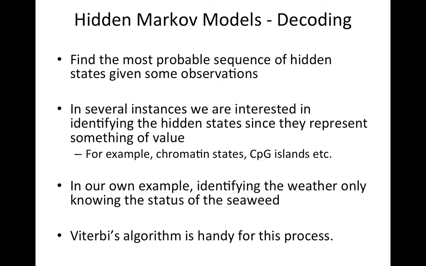And the second problem that could be solved by hidden Markov model is decoding. So you find the most probable sequence of hidden states given some observation. Several times, you may want to see what all the hidden states are. Like for instance, CpG islands, right? You have a genome, and there could be lots of CpG islands in the genome, especially near the promoter, where it's going to repress the gene expression, right? So, using just the sequence, can you identify the hidden state of where the CpG islands are?